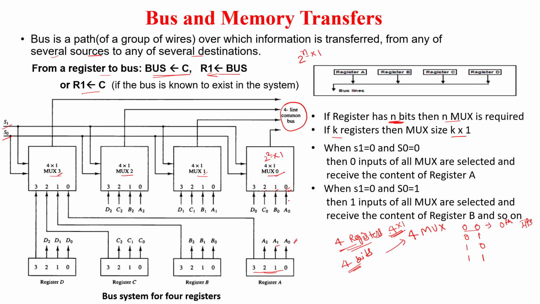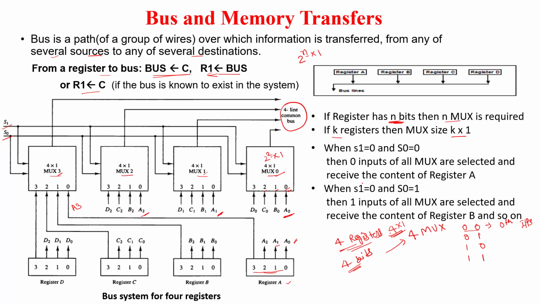Now if you see, the 0th input of each multiplexer is what? A0, A1, A2, and here A3. So finally, all contents of register A are being transferred to the bus. From register A, it is being transferred to the bus.